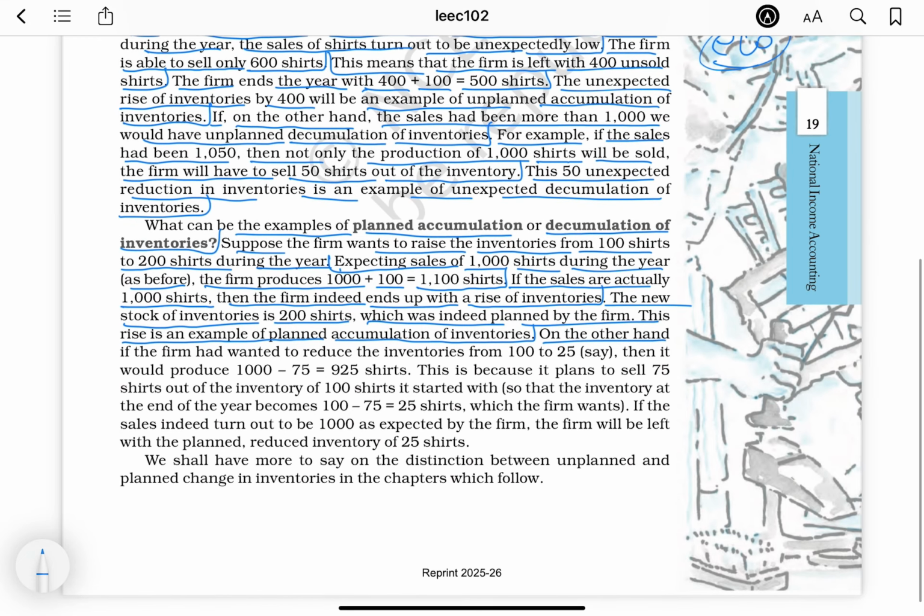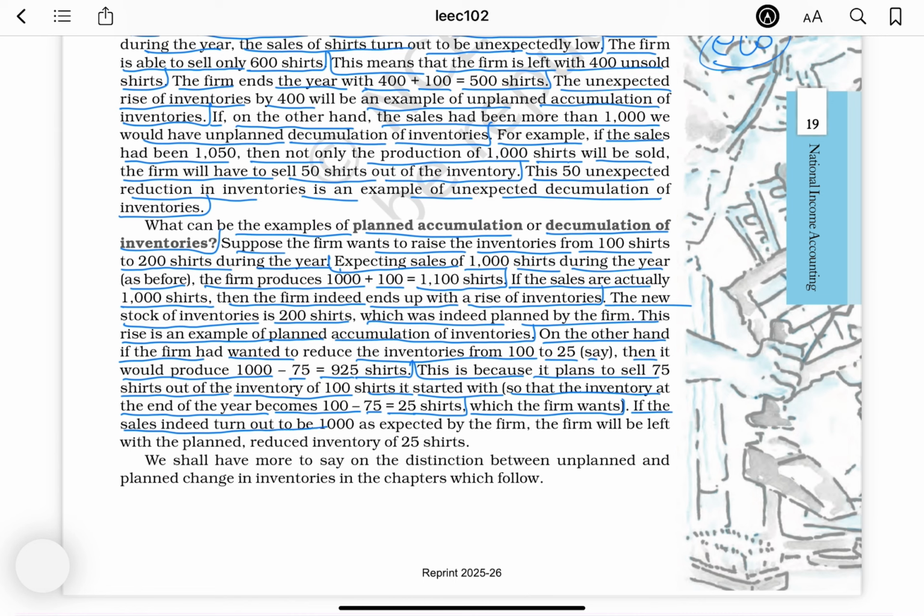On the other hand, if the firm had wanted to reduce the inventories from 100 to 25, say, then it would produce 1000 minus 75, 925 shirts. This is because it plans to sell 75 shirts out of the inventory of 100 shirts it started with, so that the inventory at the end of the year becomes 100 minus 75 equals 25 shirts, which the firm wants.